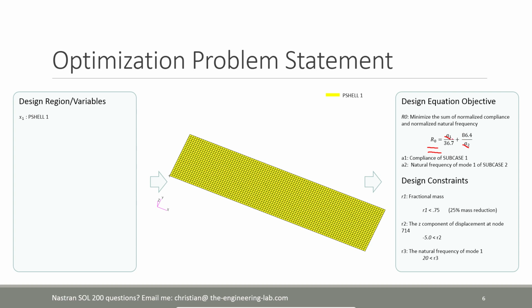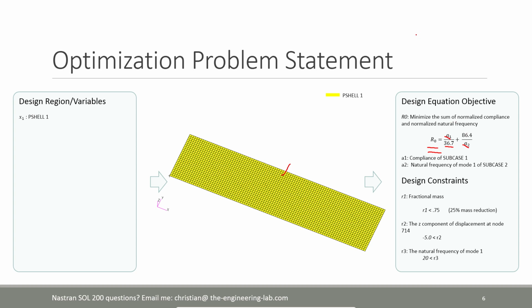Now, why are we using this specific equation? Let's quickly go over this. 36.7 is the current compliance for the given load for this current plate. 86.4 is the starting natural frequency for this current plate. Now, when the optimizer tries to minimize this equation, this is what's going to happen.